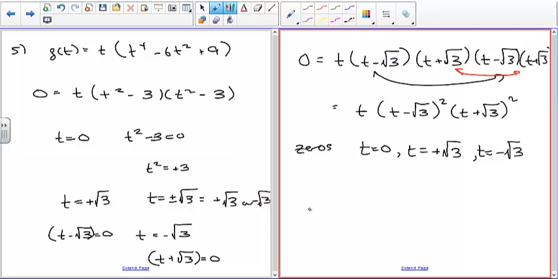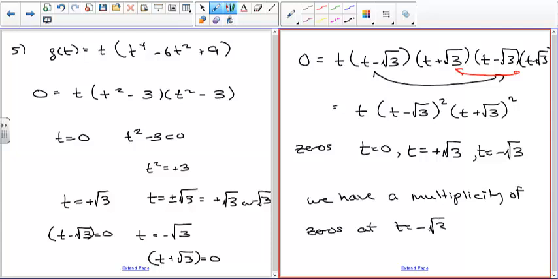We can say that we have a multiplicity of zeros at t equals minus the square root of 3 and t equals plus the square root of 3, because these are squared.